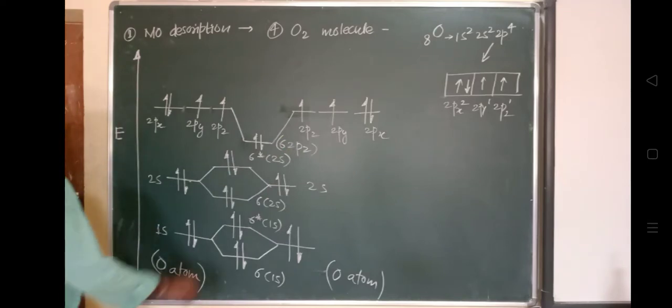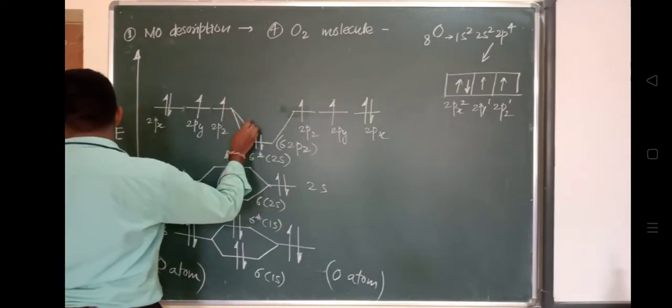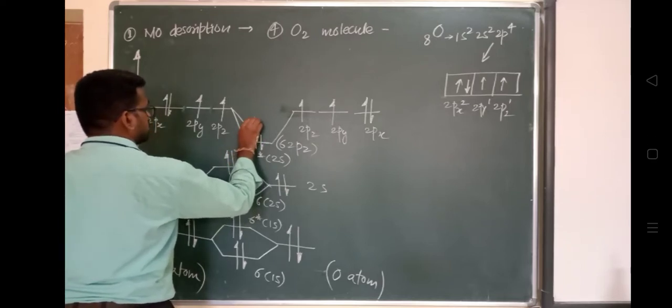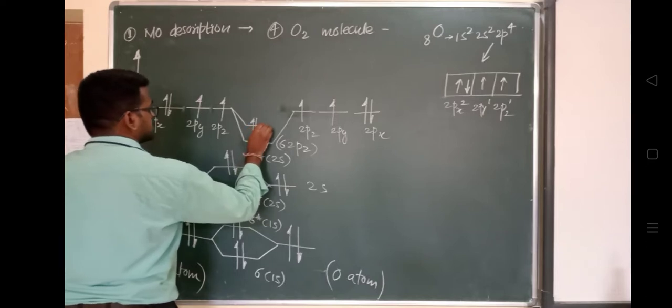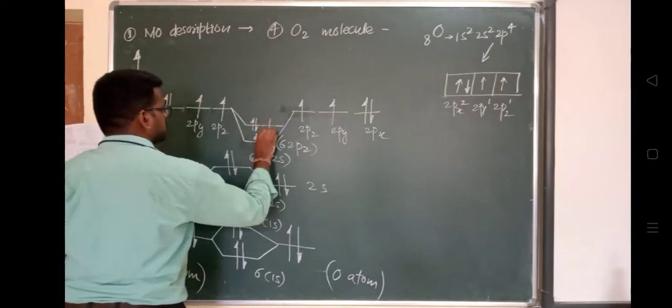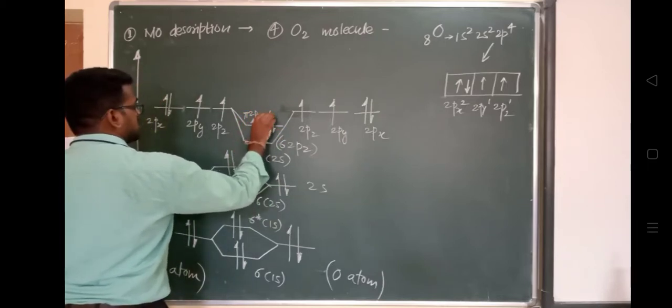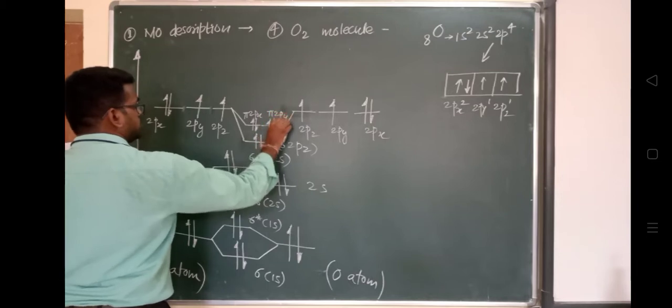And these others will form pi 2px and pi 2py. So this one is the pi 2px and this one is the pi 2py orbital.